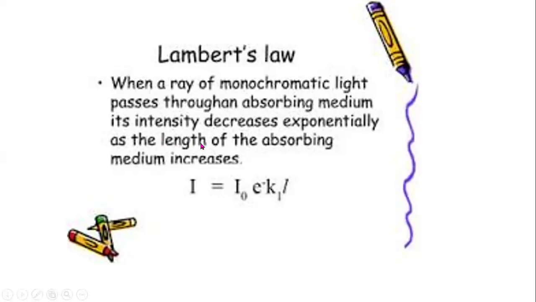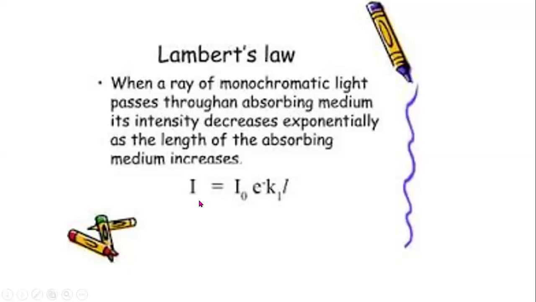Lambert's law states that when a ray of monochromatic light, a light of single wavelength, passes through an absorbing medium, its intensity decreases exponentially as the length of the absorbing medium increases. So when light is passing through an absorbing medium, the intensity of that light decreases with the length of the medium in which the absorbing molecule is placed.